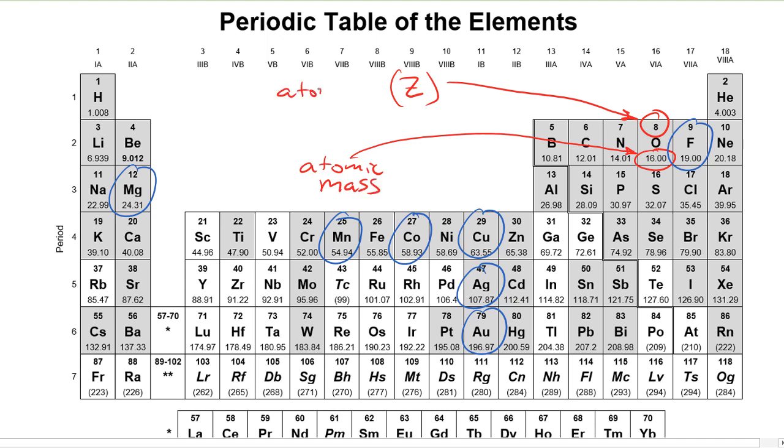So the top number here is the atomic number, and the bottom number is the atomic mass.